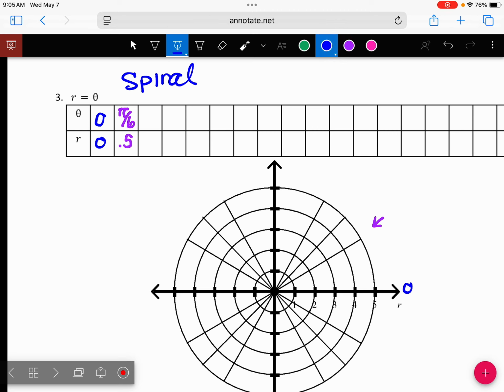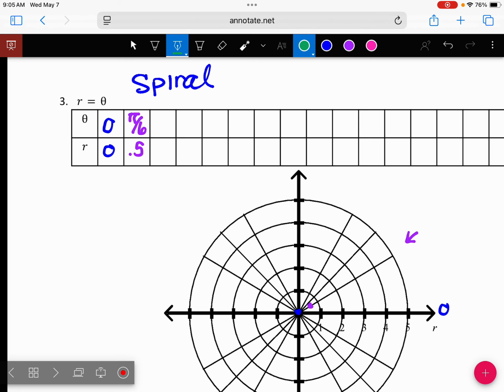So we know at angle 0, we're right at the center. Pi over 6, we're at 0.5. Then our next one's pi over 4. 0.8. So we're almost out to 1. So somewhere in there.